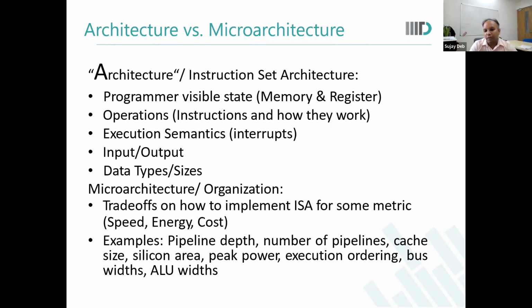If the instruction set architecture tells you that your address bus width is, let's say, 32-bit, that means you can have an address space in your program as large as 2 to the power 32. So you can address 2 to the power 32 different memory locations or memory words from your program.